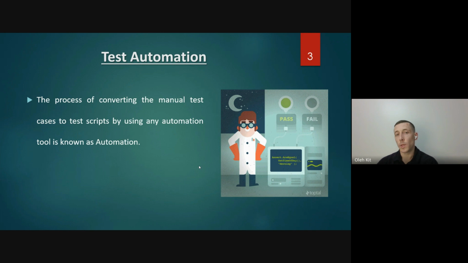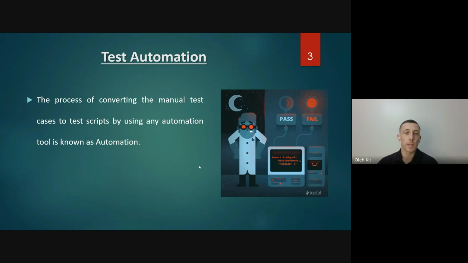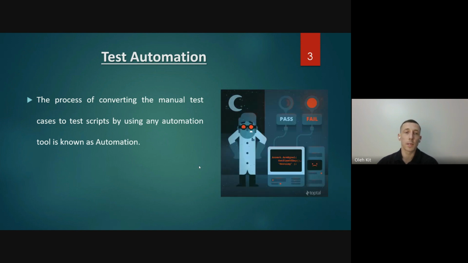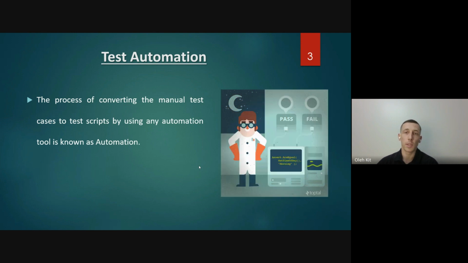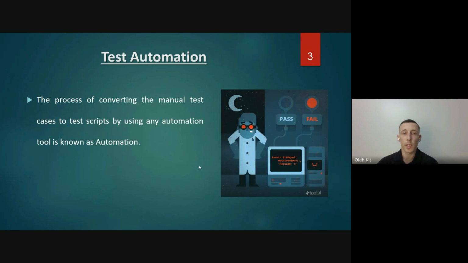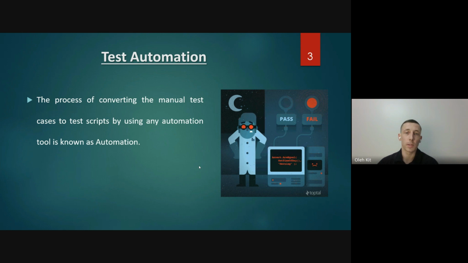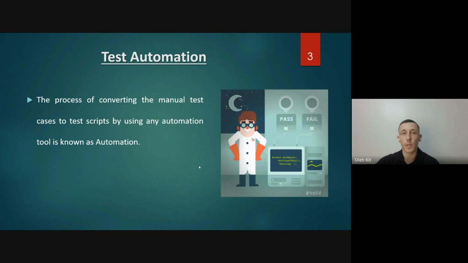So we can just take any manual test cases and use automation tools. As you know, there is a big variety of automation tools like Ghost Inspector, let's say Selenium, and for mobile devices it's called Appium. So we can write the automation tests.